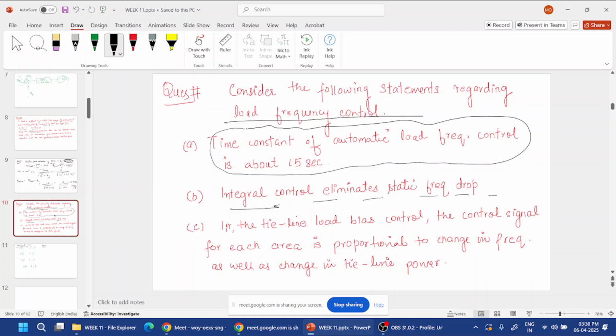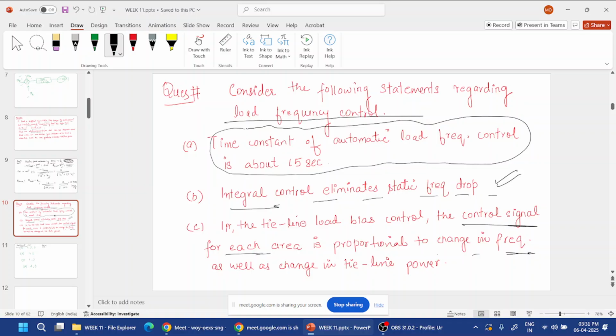In the case of automatic frequency control, integral control eliminates the static frequency drop, and in tie line bias control the control signal for each area is proportional to the change in frequency and the change in tie line power.